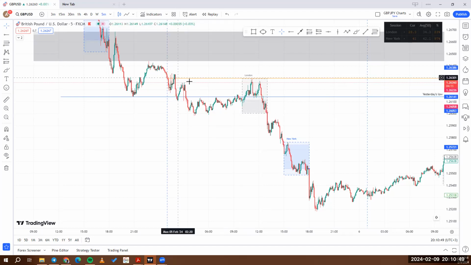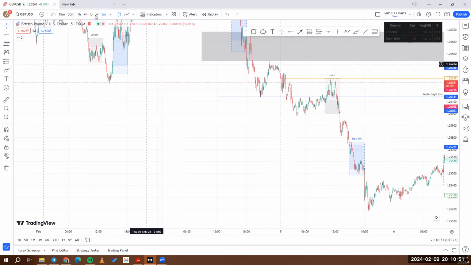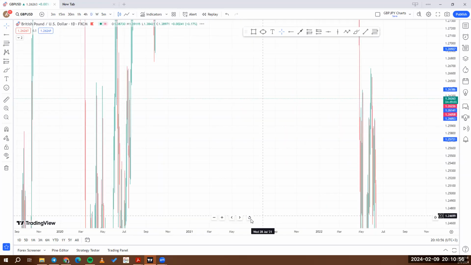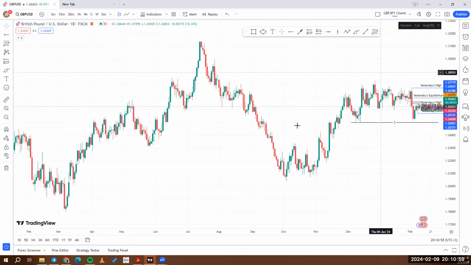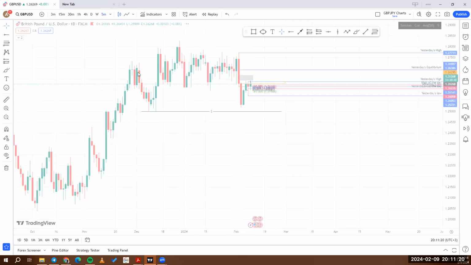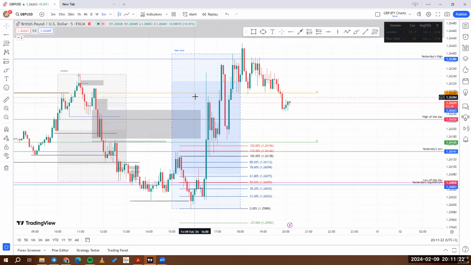But considering, and I'll go to the daily time frame just to show you this, that the whole of January was a consolidation, and then we had a nice strong bearish candle that indicated that the market could possibly go further down. Then that gave us a bias to get into Monday. So as Monday opened, we were not looking to buy, but instead we were looking to sell.